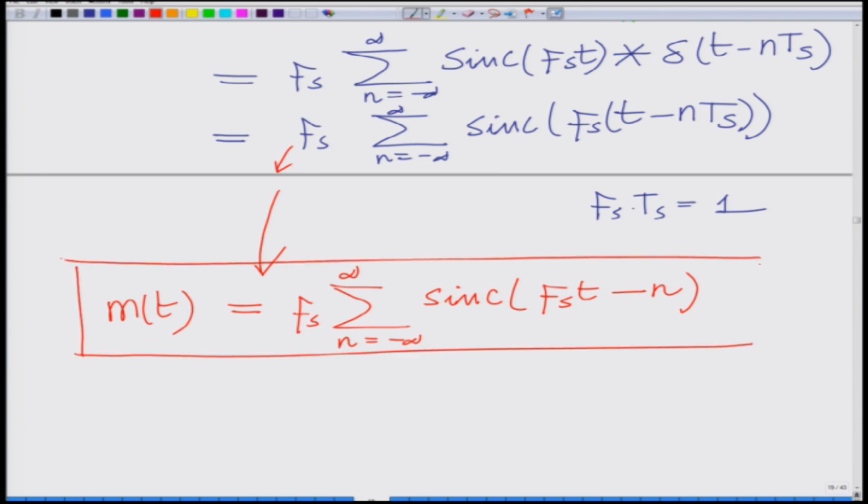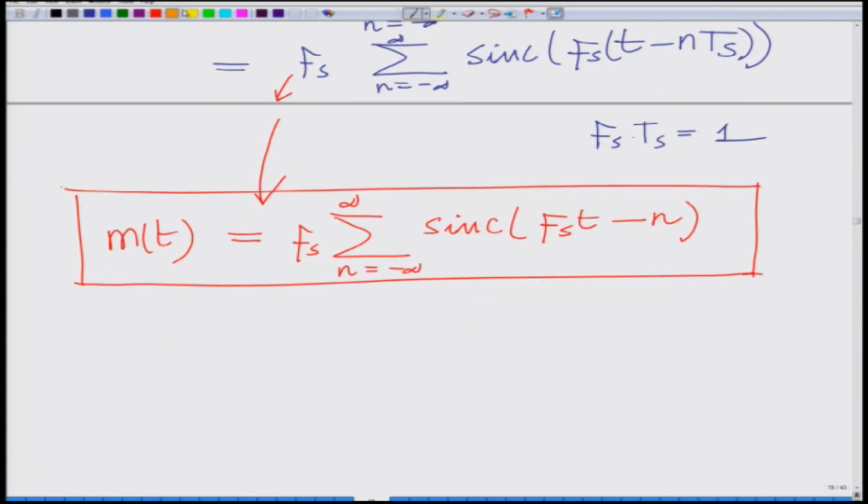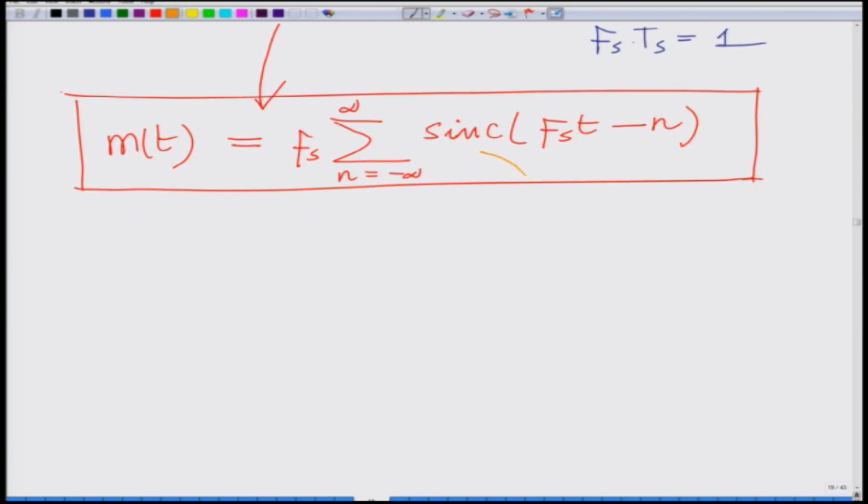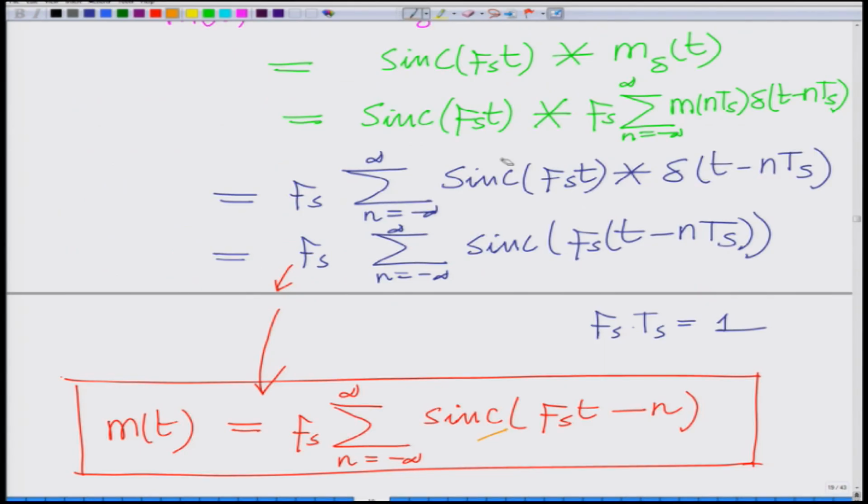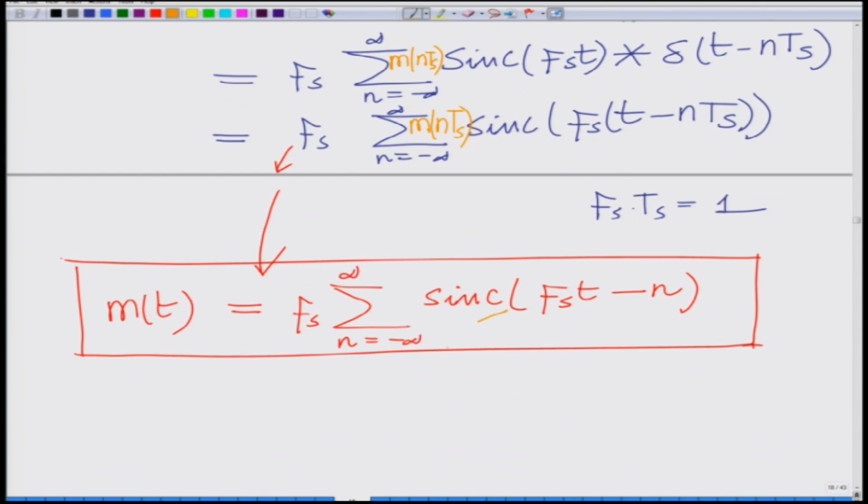That is how we can reconstruct the original signal by passing it through the sinc filter. I am sorry, I am missing the m of nTs, there has to be an m of nTs.